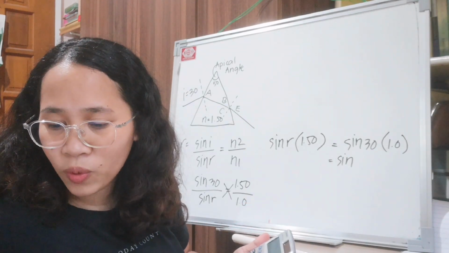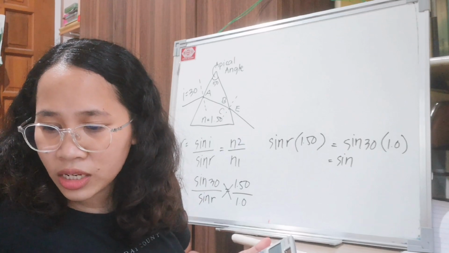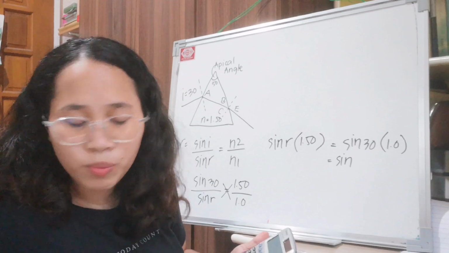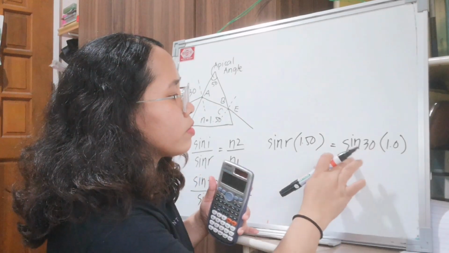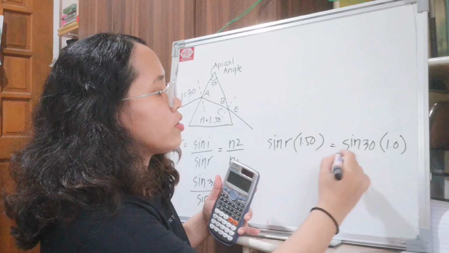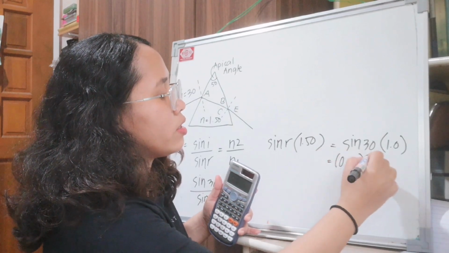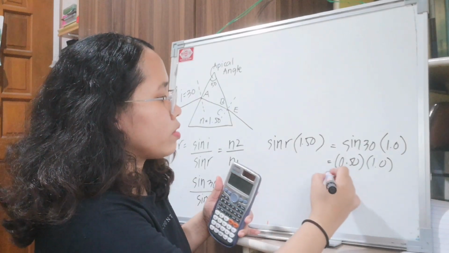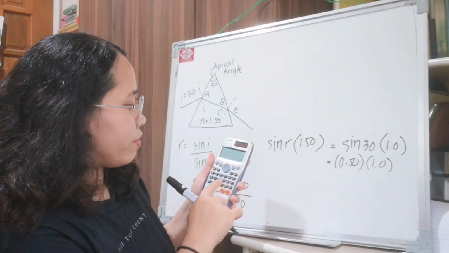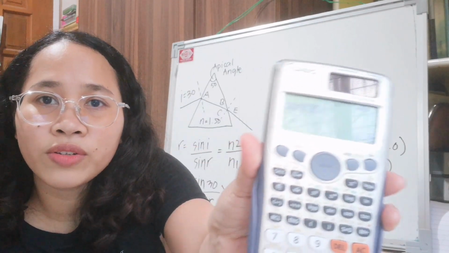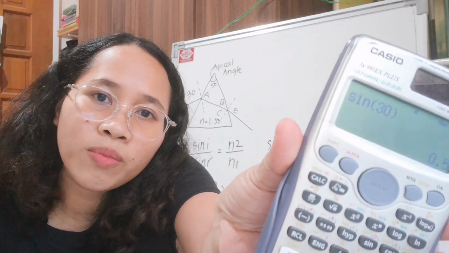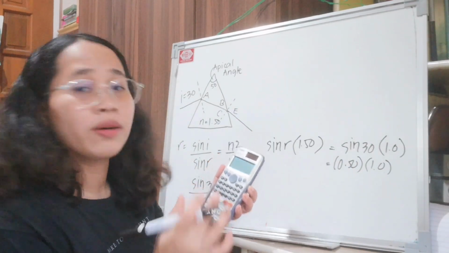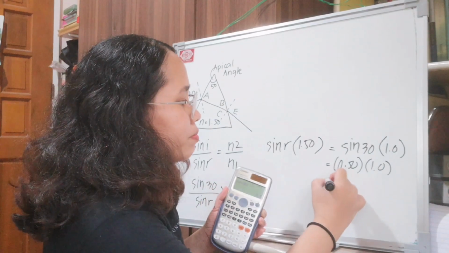Sine 30 is 0.50. So 0.50 times 1.0 is 0.50. Is it clear? Okay, times 1.0, so it will become 0.50.